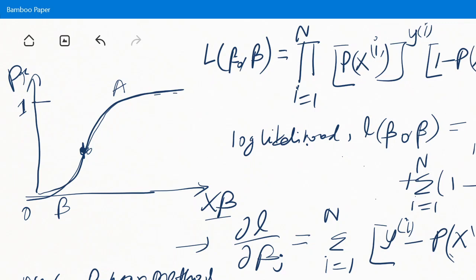So this is the way we can find the optimal betas.